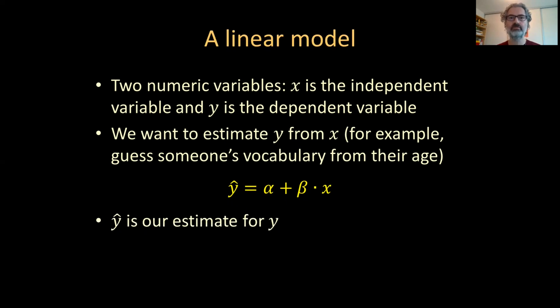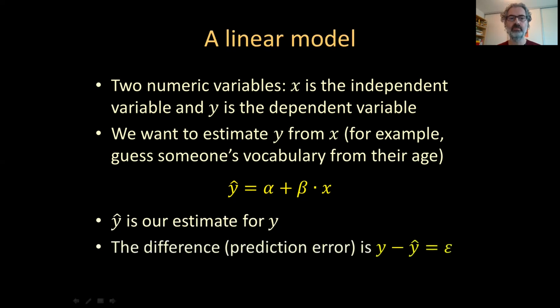And of course, we will not predict perfectly, so y hat will in general not be equal to y. We will make some error. There will be some difference. The difference between the actual value of y and our estimated, our predicted value for y, is our prediction error, which in regression is called residual.